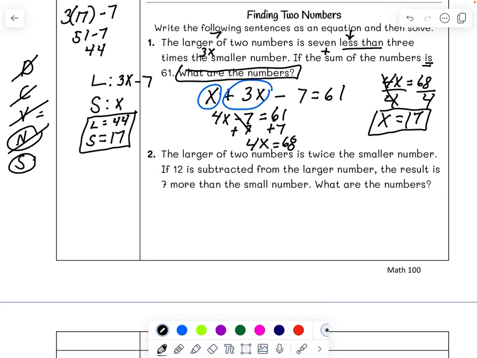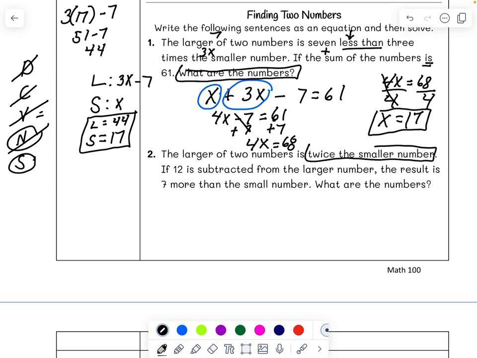The larger of two numbers is twice the smaller number. If 12 is subtracted from the larger number, the result is 7 more than the smaller number. Okay. So the larger of two numbers is twice the smaller number.